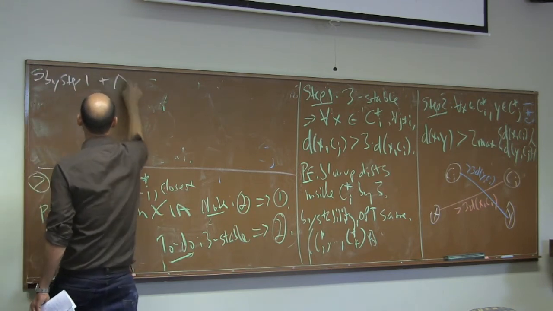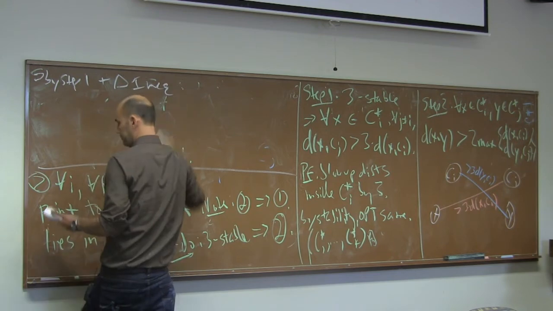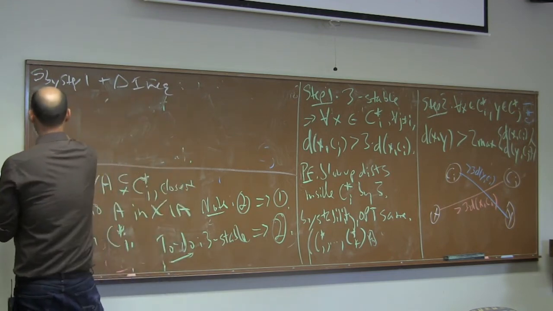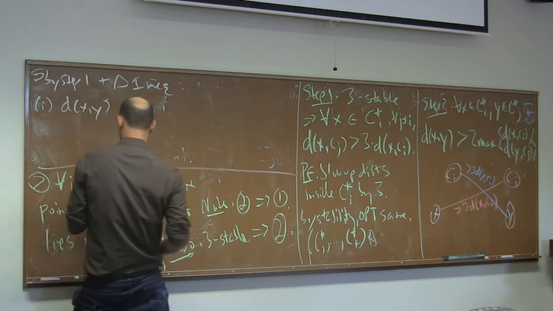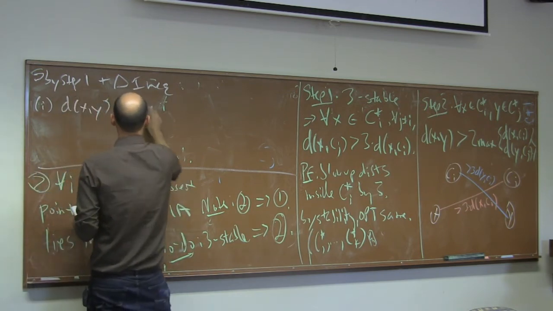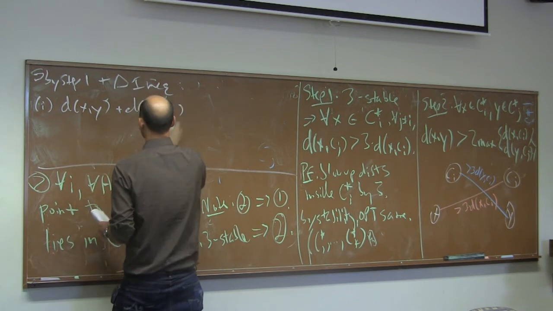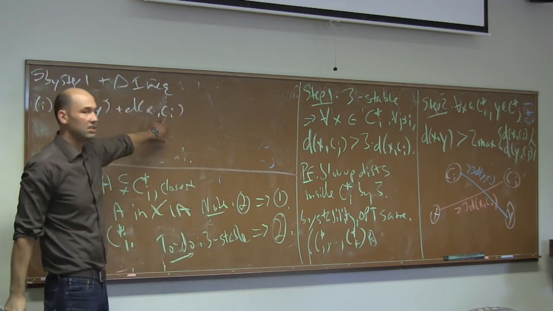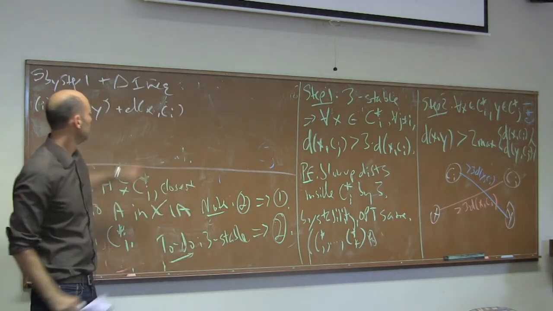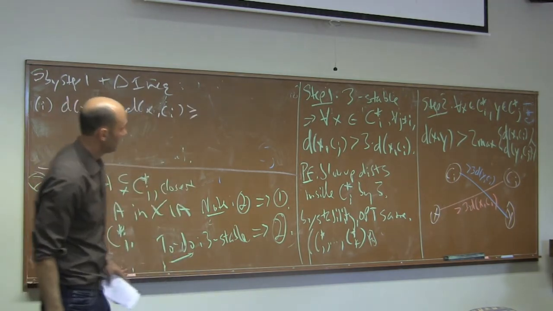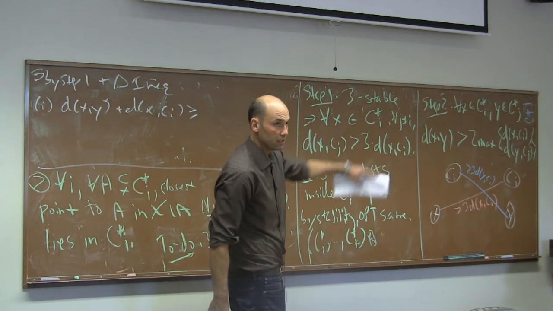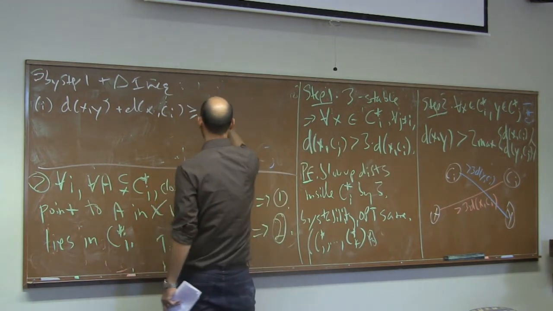By step 1 and the triangle inequality, if you go from y to Ci via x, that's lower bounded by the distance straight from y to Ci, which is at least triple the distance between y and its center, Cj.